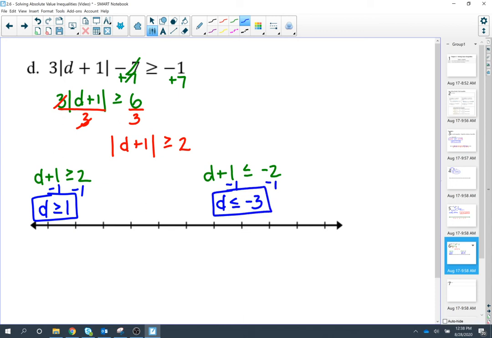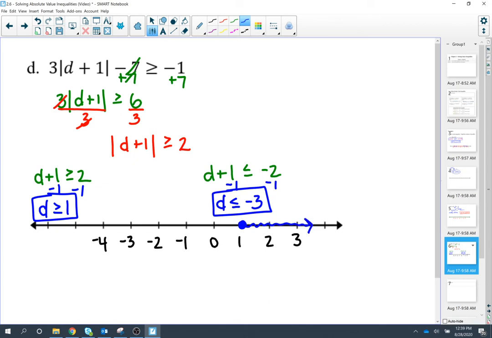If we take a look at that graphically, I have a 1 and I have a -3. So I'm going to start, let's say, -4, -3, -2, -1, 0, 1, 2, 3. If I do D is greater than or equal to 1, I would put a closed dot at 1 and shade greater than.